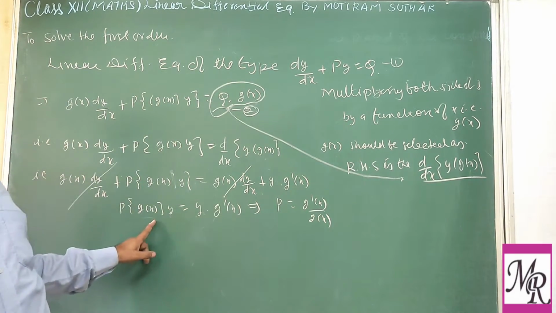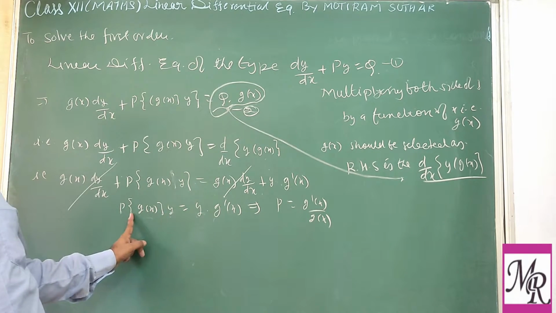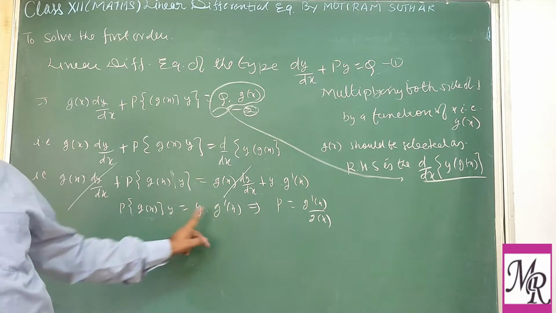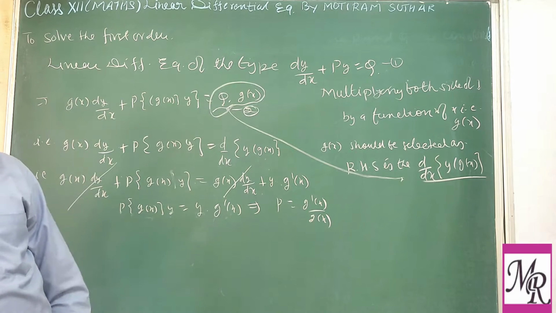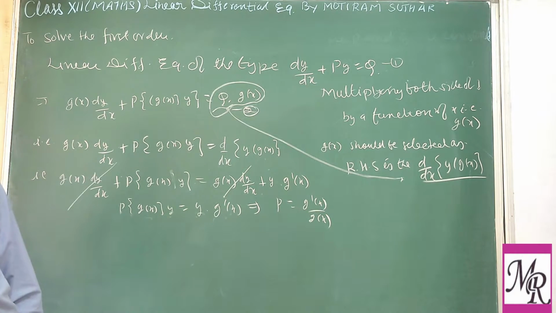Dividing both sides by y, we get p into g(x) equal to g dash x. So p equal to g dash x upon g(x).